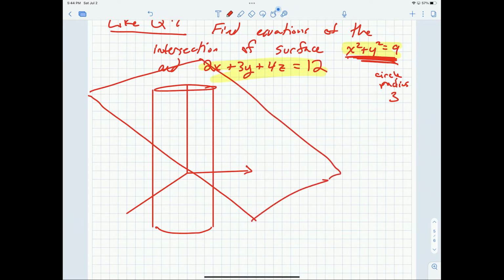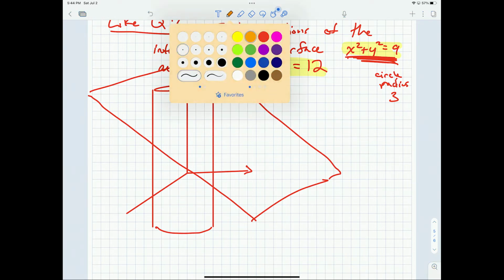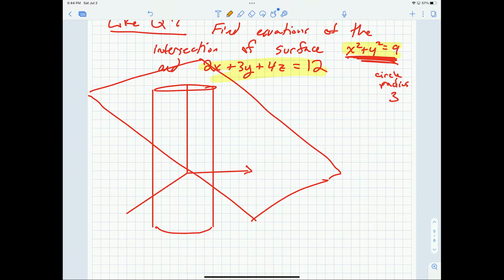You can't really tell, but somewhere the plane and the cylinder are going to intersect. That's not going to be the best drawing of that. But the point is that if a plane intersects a cylinder, it's going to cut out a section like this, right?